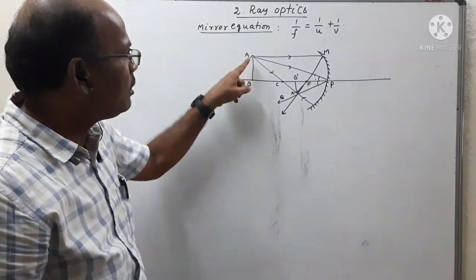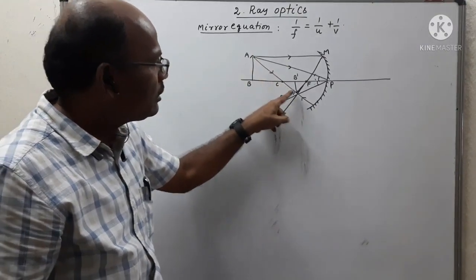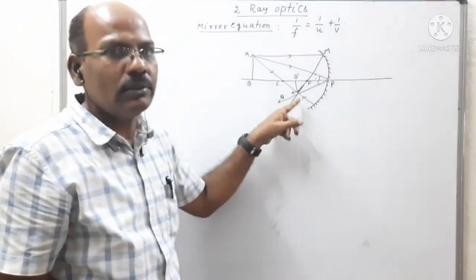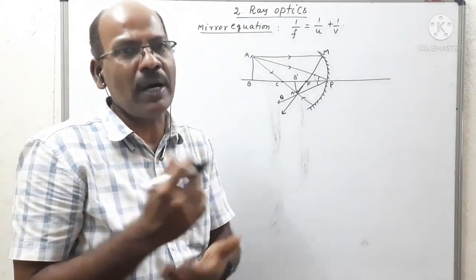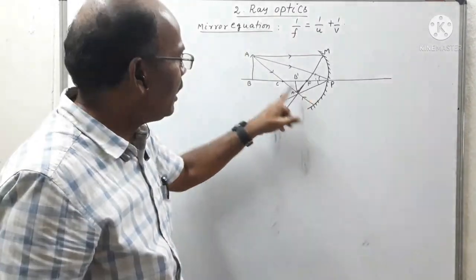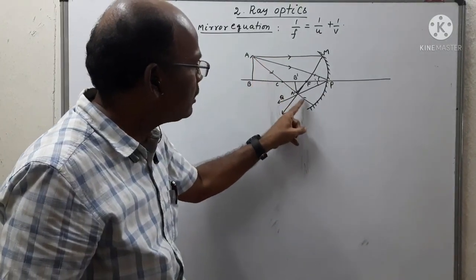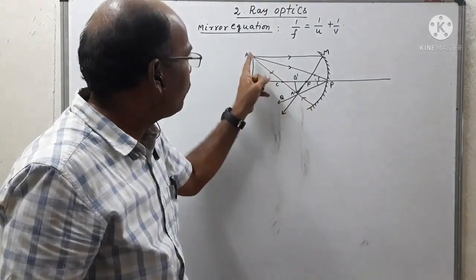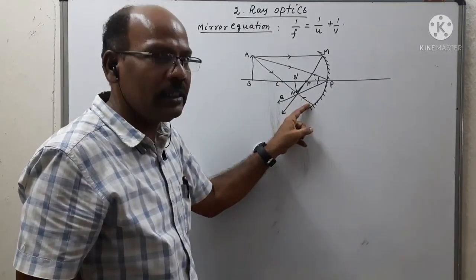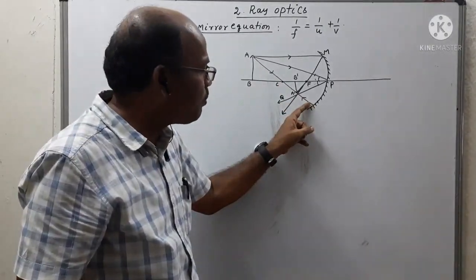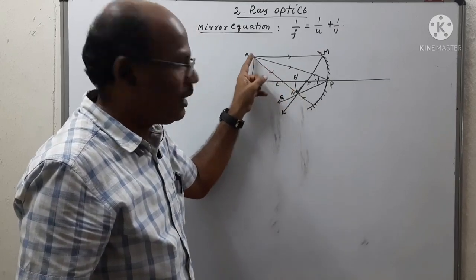And the final ray is the one which is passing through the center of curvature. When the ray passes through the center of curvature, it retraces its path in the same direction. So this is the direction of the incident light ray coming from point A, passing through the center of curvature, striking the reflecting surface and retracing its path in the same direction.